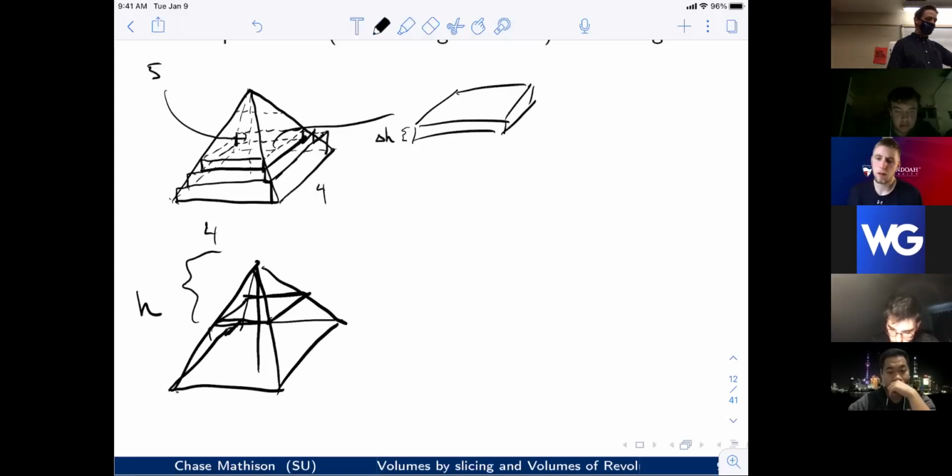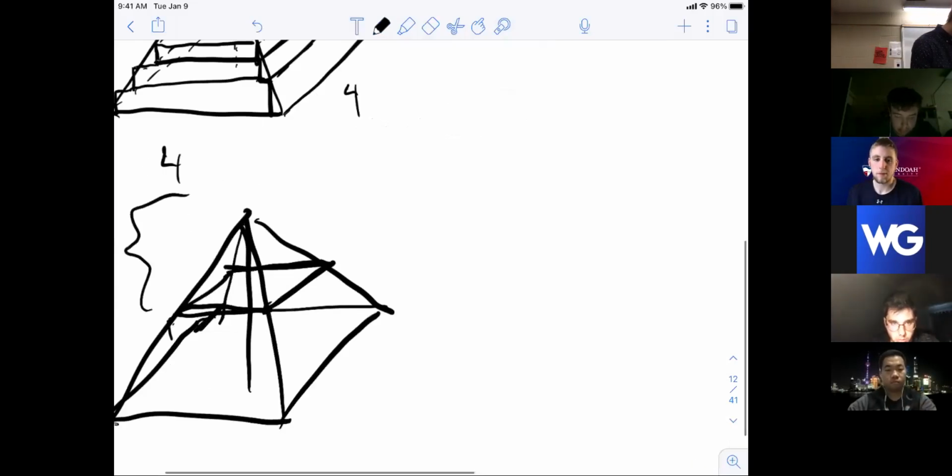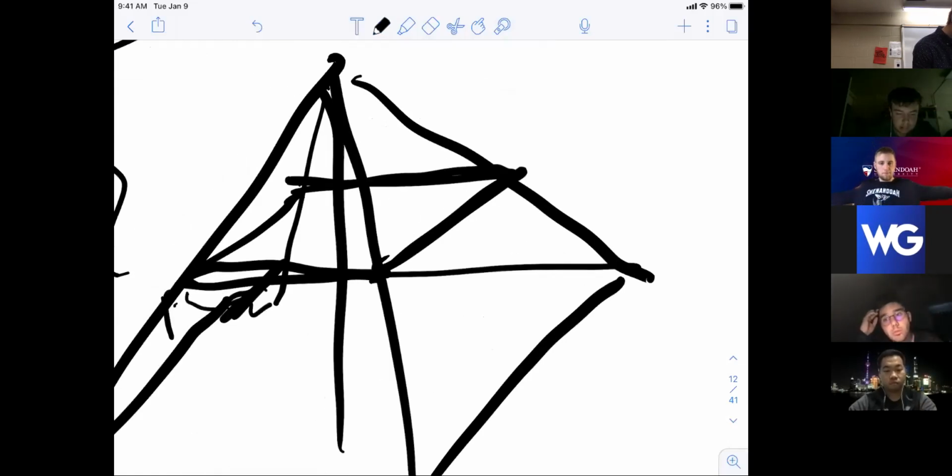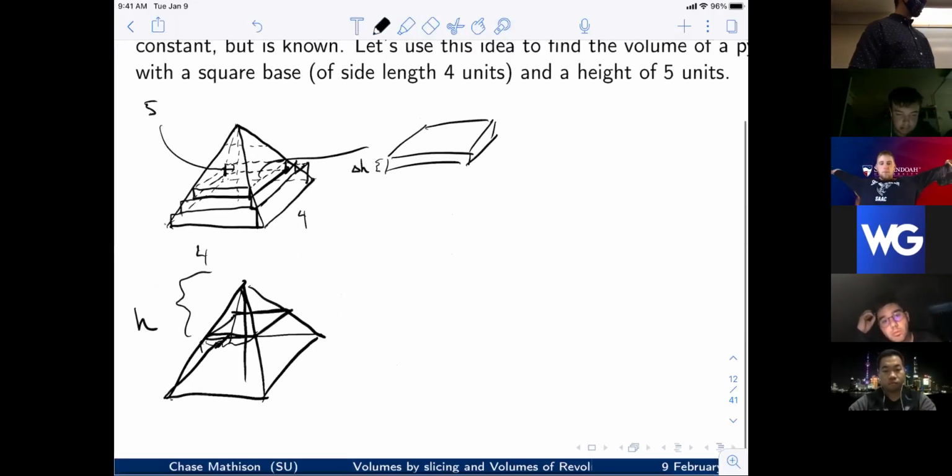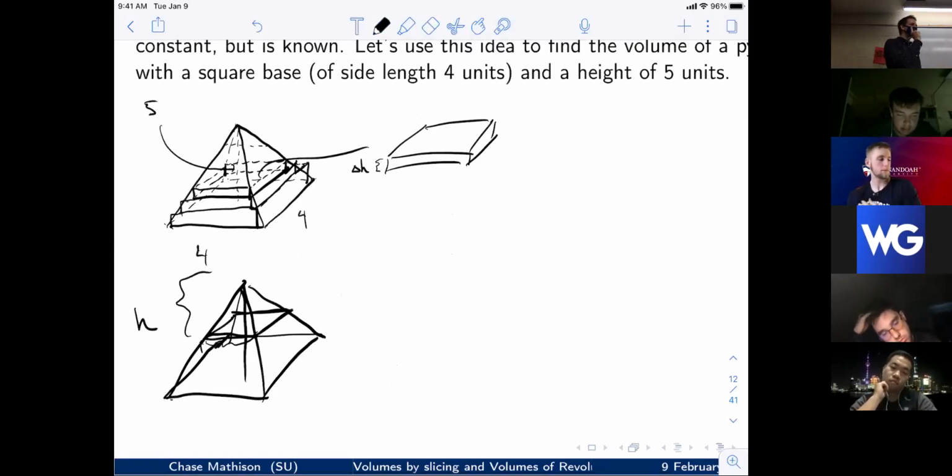How do I find the side length? This length here. Because that's what we need. I need to find that side length using the properties of this pyramid somehow. And again, with pyramids, there's almost always one thing that you're going to do. Does anyone maybe know off the top of your head?